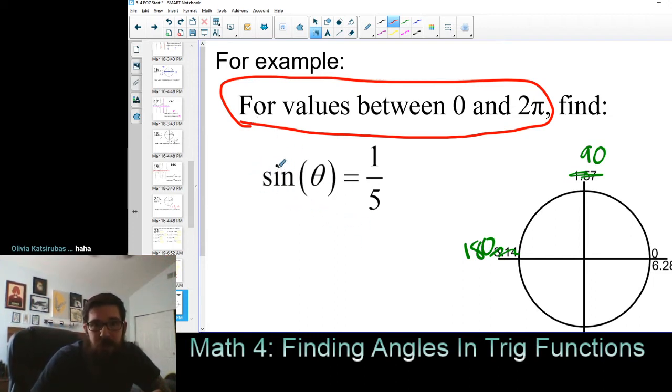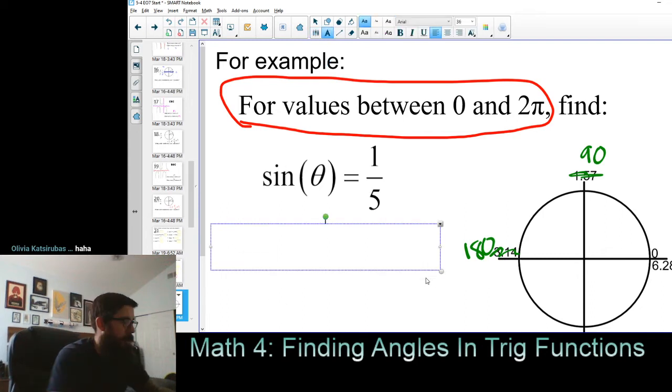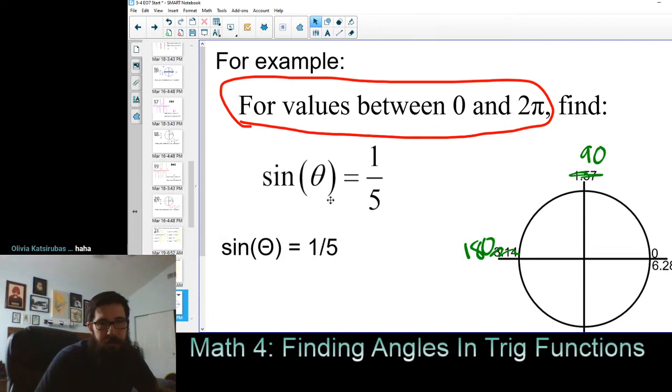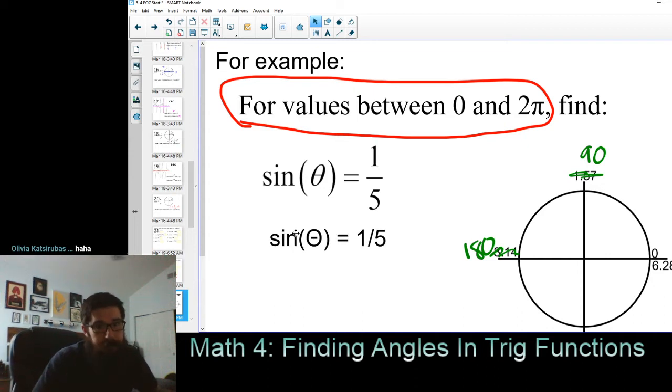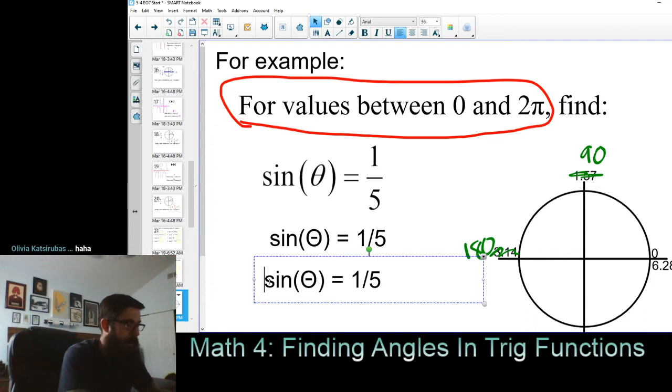Well, I would need to undo this piece right here. So I have sine, I'm going to try to, oh wow, first try. Doesn't normally work so clean. I'm going to do a 1/5 sideways just to make this a little clearer. What I have to do to undo sine, you've probably seen some of this stuff before from Math 3. I'm going to take the inverse sine of both sides. What that would look like would be this.